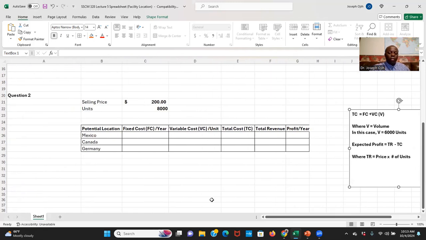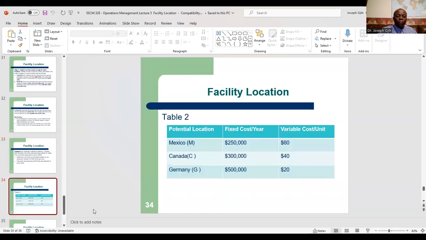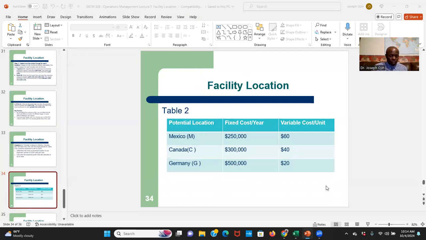All right. It should be here. So we're ready. Now, let's get the information from the PowerPoint and put it in the Excel, and then we can go from there. I'm going to write this down for Mexico, Canada, and then Germany. Fixed cost per year, then variable cost per unit.